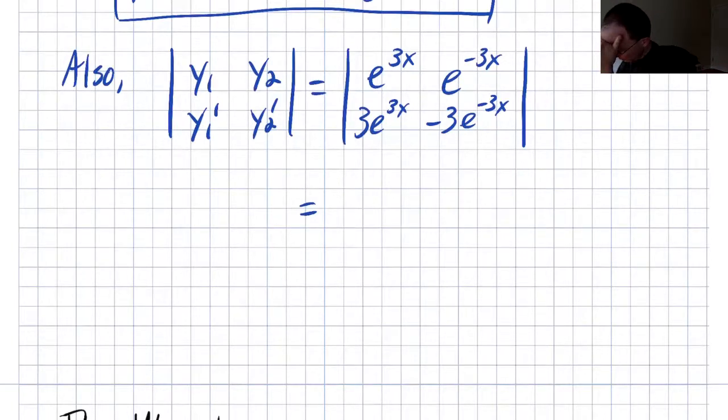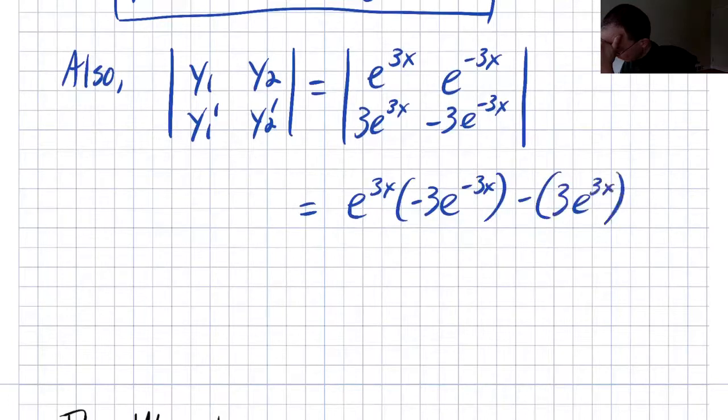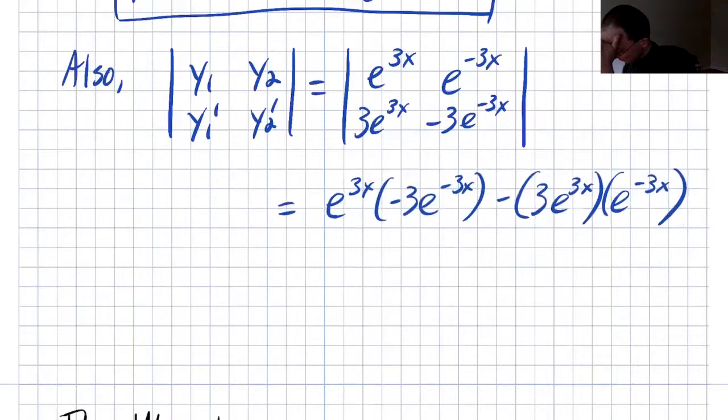Okay, so we're going to do this times this minus this times this. So that's going to be e to the 3x times negative 3e to the negative 3x minus 3e to the 3x times e to the negative 3x.